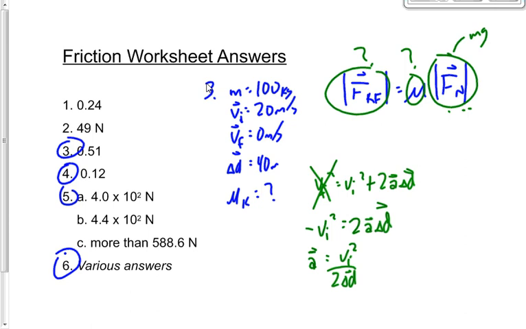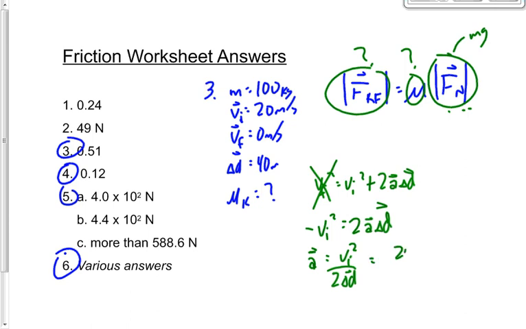Get the acceleration. Maybe it'll help you, maybe it won't. But if it doesn't help you, the worst that's happened is you've just done a little bit of extra work that didn't help you. It's okay. Don't be afraid to try something as long as it's a valid equation. You don't try v equals d over t. Try this. Hey, if it works, great. If it doesn't, oh well.